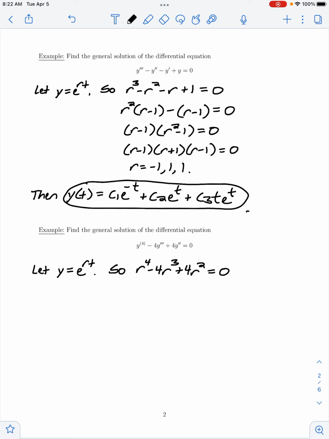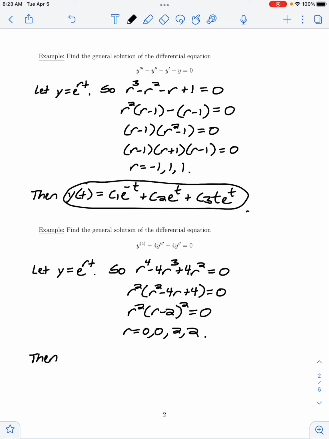And to find my roots, I could again factor this. I noticed that from each term I could factor out an r squared, leaving me with r squared minus 4r plus 4 is 0. And then that quadratic in parentheses can be factored as r minus 2 quantity squared. So I find that my roots are 0, which has multiplicity 2, and 2, which also has multiplicity 2.